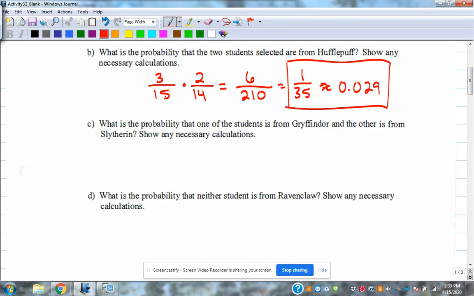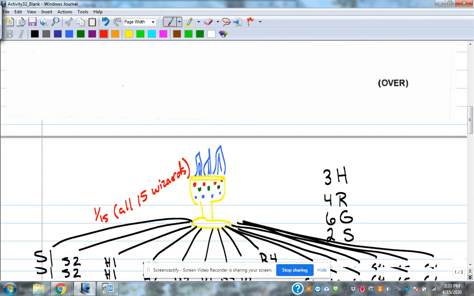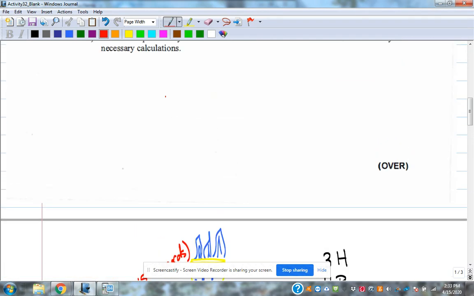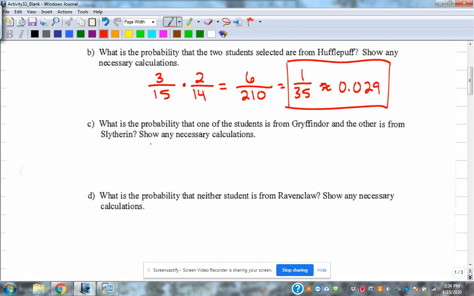How many are from Gryffindor? Well, we have 6 from Gryffindor, so that's 6 out of 15. And how many from Slytherin? There were only 2 names in the goblet from Slytherin, so that's 2 out of 14.